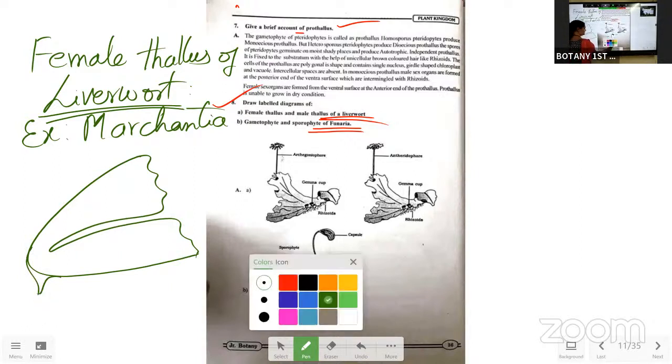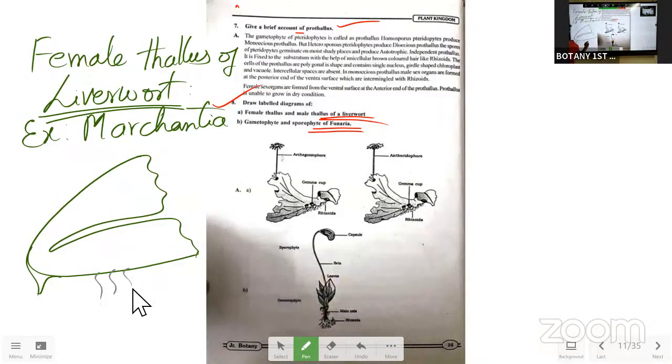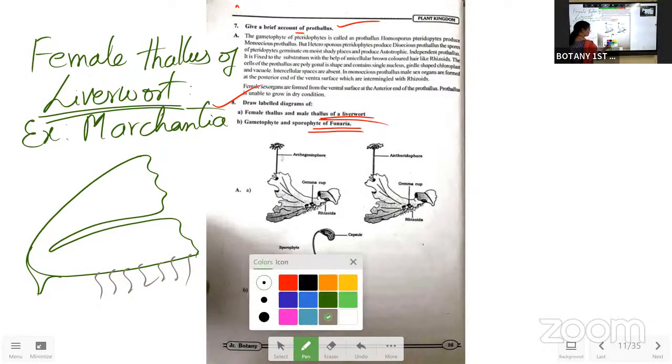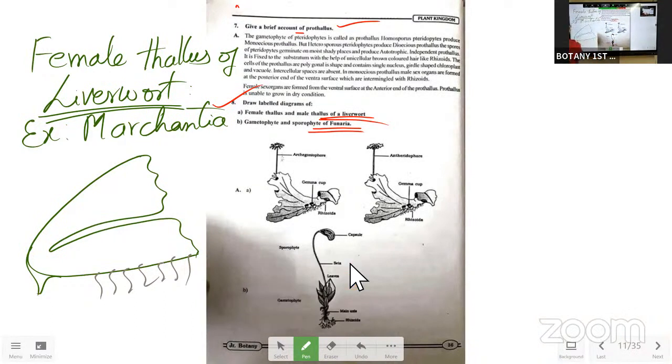Now comes the rhizoids. Done. Now comes the antheridia. Start drawing from here.